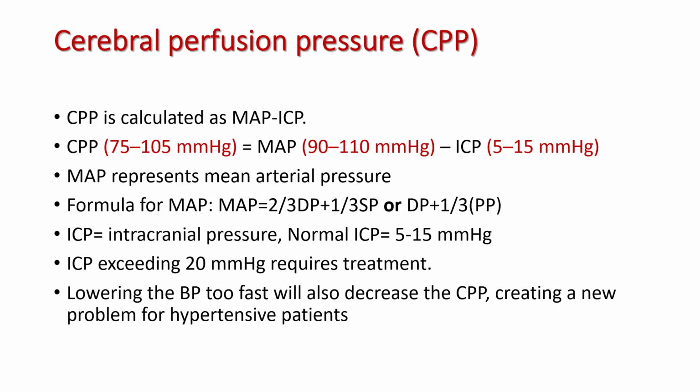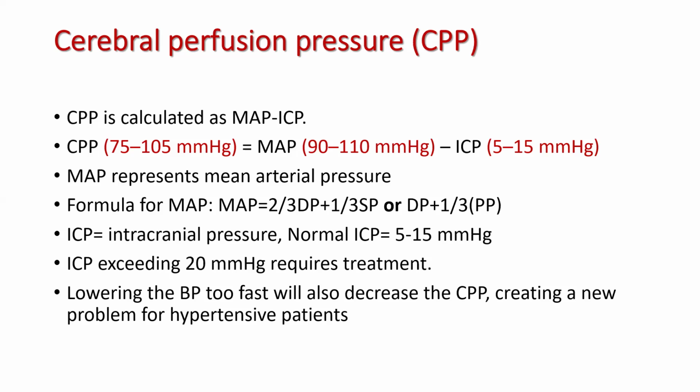To calculate the MAP, there are two ways; I think there are also other ways. You can get 2/3 of the diastolic pressure plus 1/3 of the systolic pressure, or you get the diastolic pressure plus 1/3 of the pulse pressure.